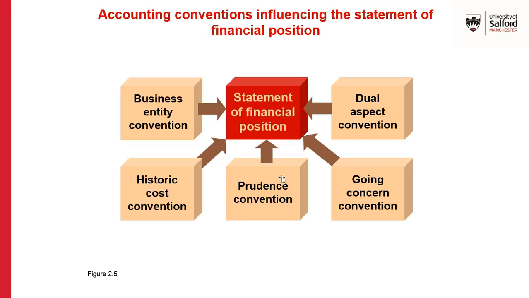So there is a deliberate bias in the accounts, and it's known, it's recognized, and investors can adjust accordingly. They will know that there should be no nasty surprises in the accounts where they find that something wasn't worth what it showed in the balance sheet. So that's a deliberate bias.